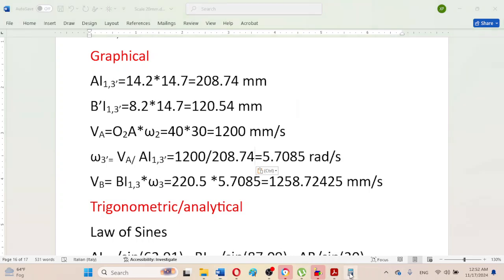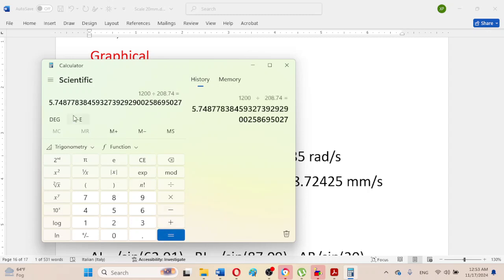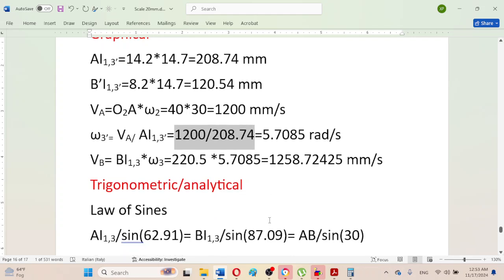So here I can just copy paste from here and paste it here, and as we can observe here, it is 5.748. So approximate angular velocity has been calculated.